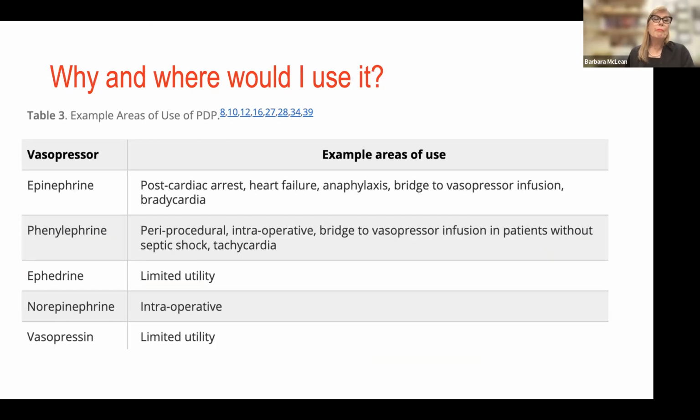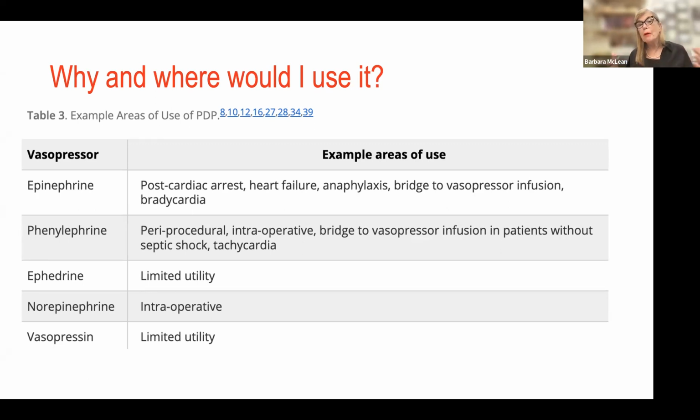Now, basic reasons that we're going to use push dose vasopressors. We're going to use epi in post-cardiac arrest, heart failure, anaphylaxis, waiting for our vasopressors, or if we have bradycardia and hypotension, we can use push-dose epinephrine.